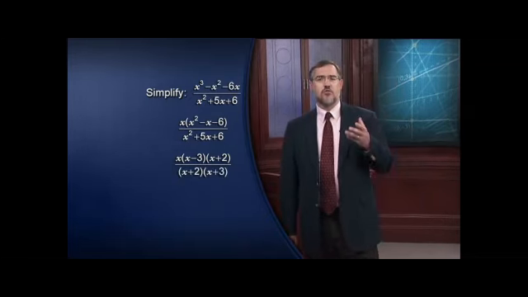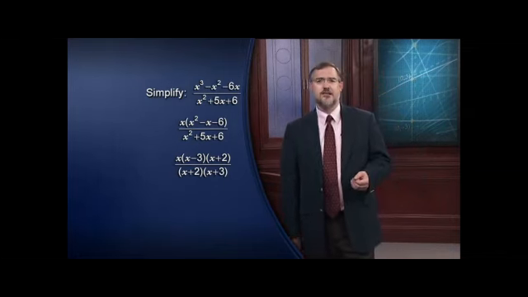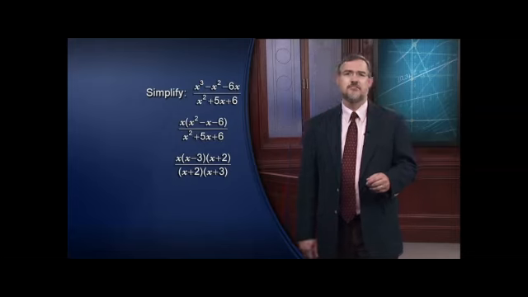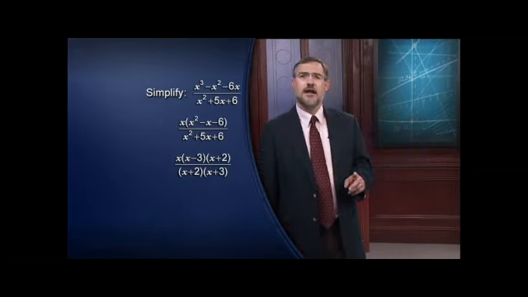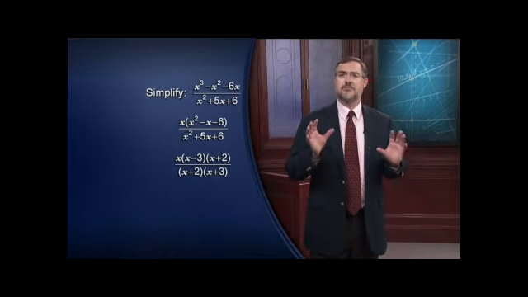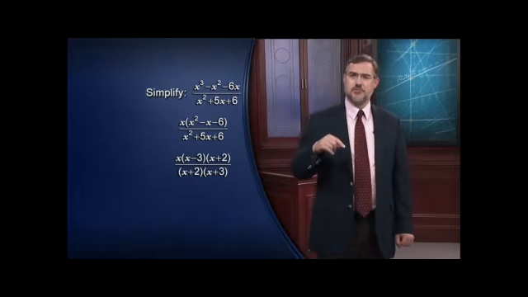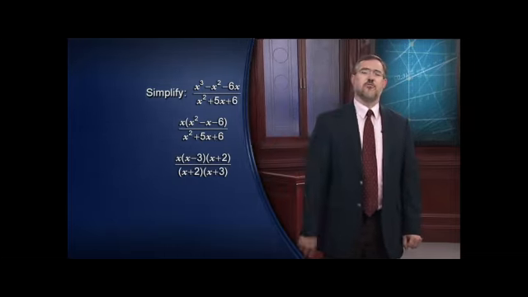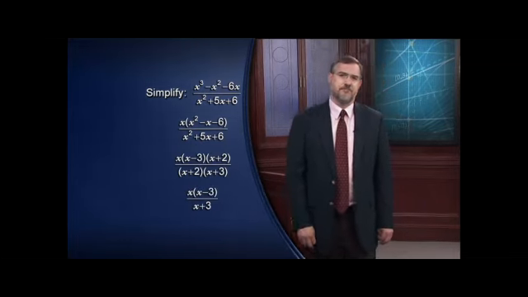And that means that the original expression that we started with is the same as x times x minus 3 times x plus 2 divided by x plus 2 times x plus 3. And now I see the x plus 2's that are in the numerator and denominator, those can be canceled out, and I'm left with x times x minus 3 divided by x plus 3.